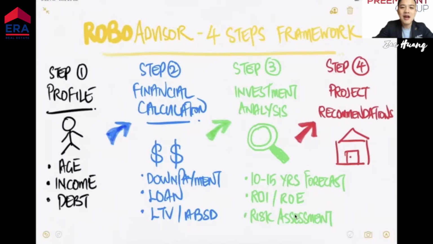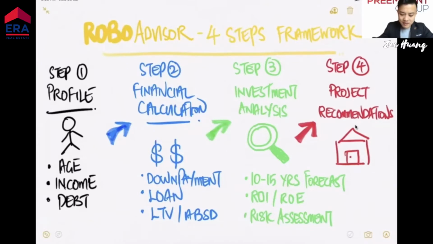Okay, if they are comfortable with your investment analysis and they want to buy a property, here you go. Robo Advisor can now do a project recommendation, which is framework number 4, step number 4. You can zoom into the projects that will pop out in Robo Advisor that recommend you the correct property.